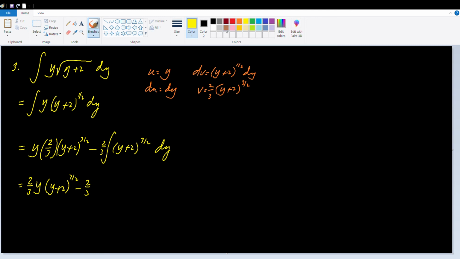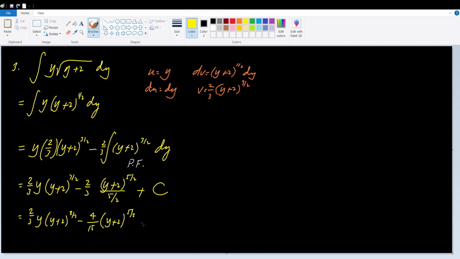You will apply once again the power formula, where u is y plus 2 and n is 3 halves. So y plus 2 to the 3 halves plus 1 is 5 halves all over 5 halves plus c. So 2/3 y plus 2 to the 3 halves minus 2 times 2 is 4, 3 times 5 is 15. So 4 over 15, y plus 2 raised to 5 halves plus c.